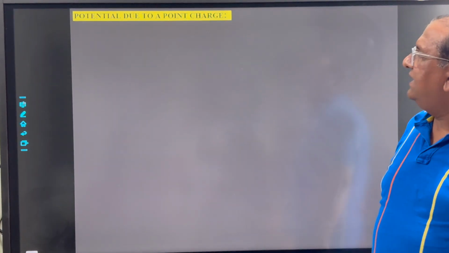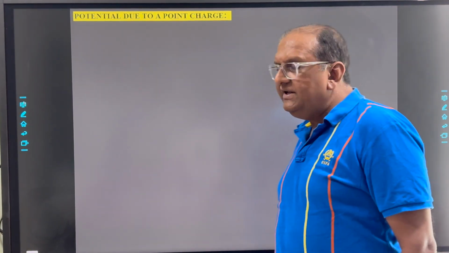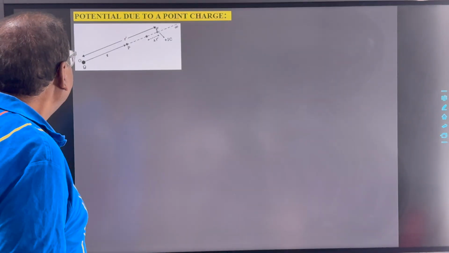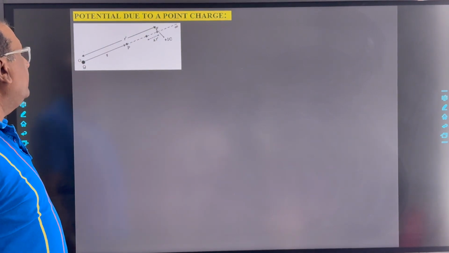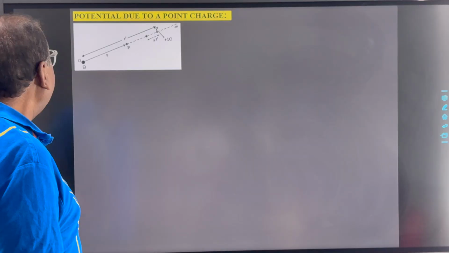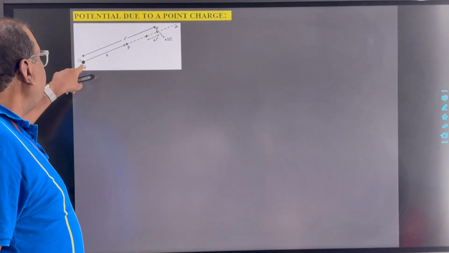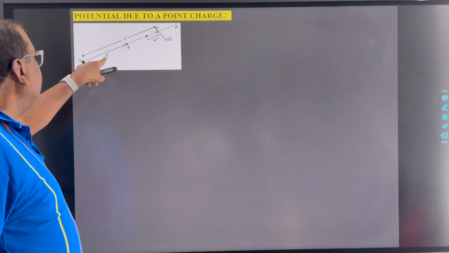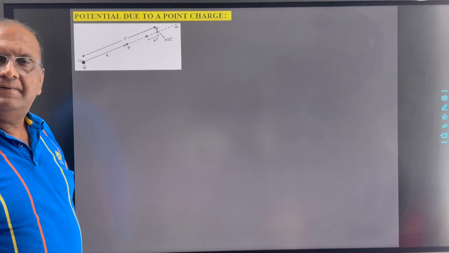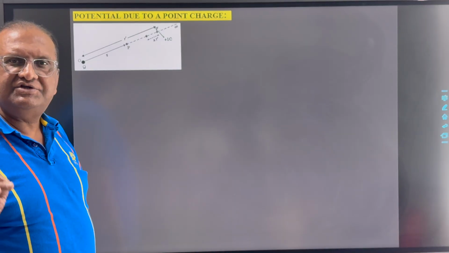Now next topic, that is potential due to a point charge. Now here consider a charge capital Q, that is the source of electric field, and in its electric field at point P, which is at distance R, we want to find the electric potential.